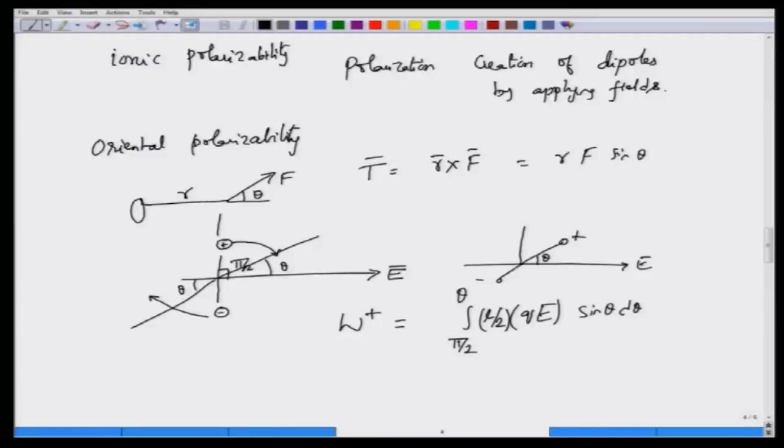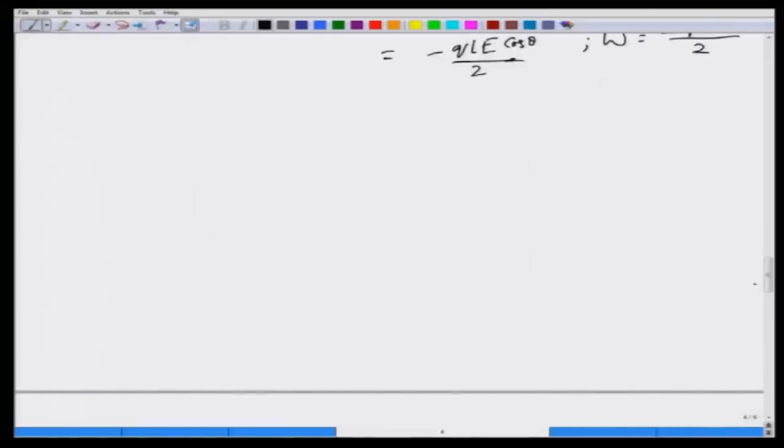So if you integrate this, you are going to see that this will be equal to minus q L E cos theta by 2, okay. Similarly, you can show that W minus would also be equal to minus q L E cos theta by 2. In fact, because of this rotation of the charges, the total potential energy of the dipole has actually decreased.